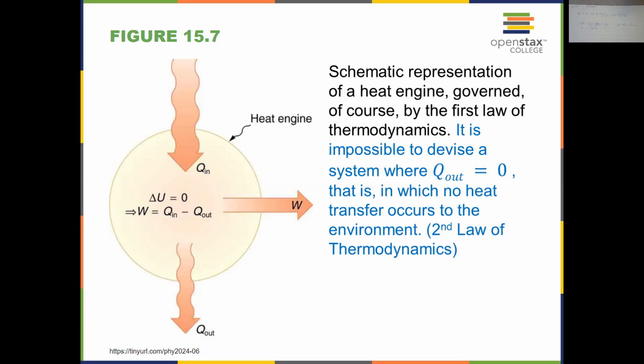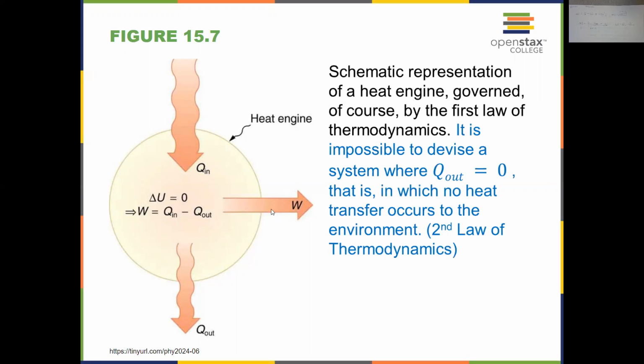That's where this equation comes from. This is basically from the first law of thermodynamics, so for a heat engine, that is how it works. That's the simple illustration of how it works.